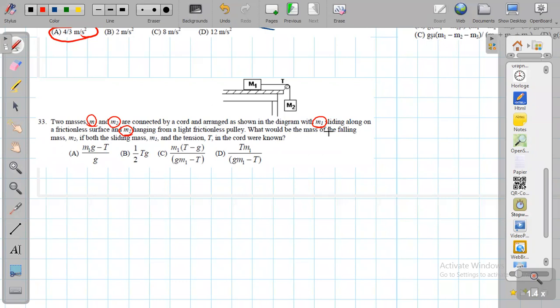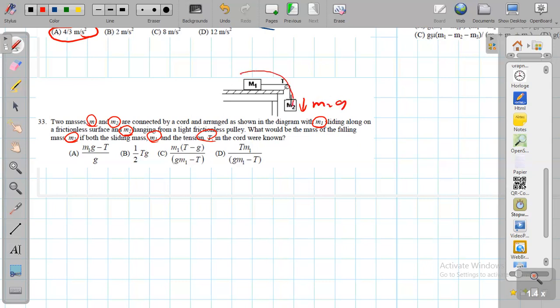What would be the mass of the falling mass M2 if both sliding mass M1 and tension T were known? Okay, it says frictionless, so you can use my technique. But what is the only driving force? Like the only breadwinner in the family, the husband. So it is M2 g.